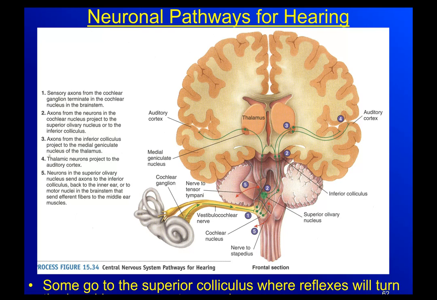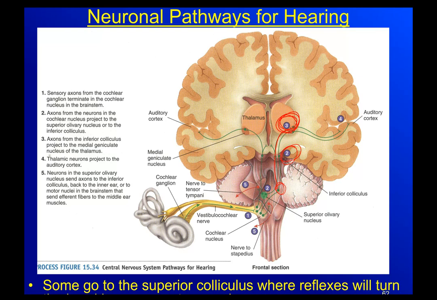So the axons from the neurons in the cochlear nucleus actually will project up to the superior olivary nucleus, or, sorry, to the inferior colliculus, which is a little bit further down here. Axons from the inferior colliculus project up to the medial geniculate nucleus, which is the one that's actually up here.